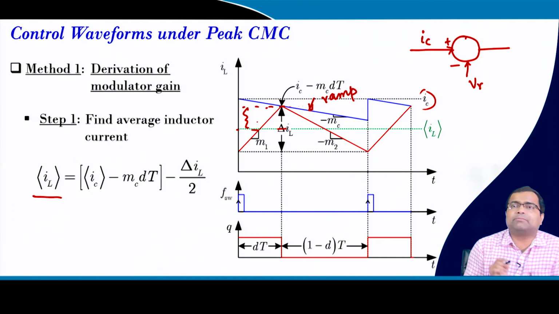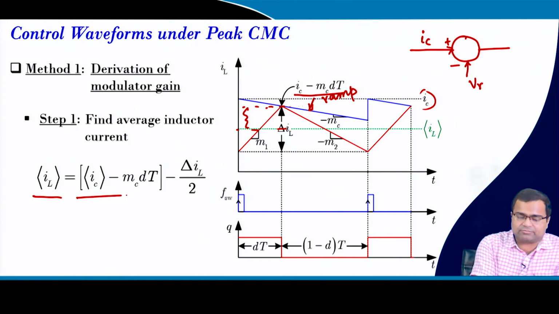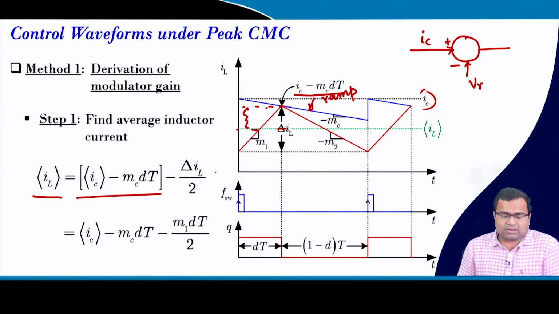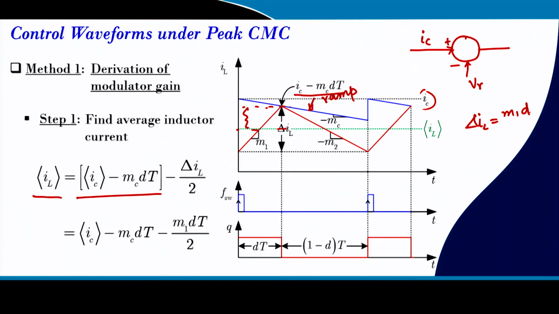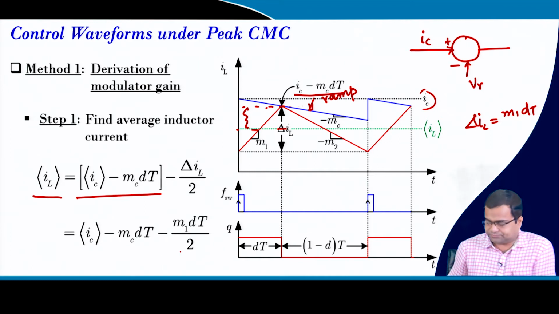This value is given here. So, average of this minus delta IL by 2. And what is delta IL? Delta IL we have learned earlier, it is M1 dT, right. So, delta IL by 2 is this.